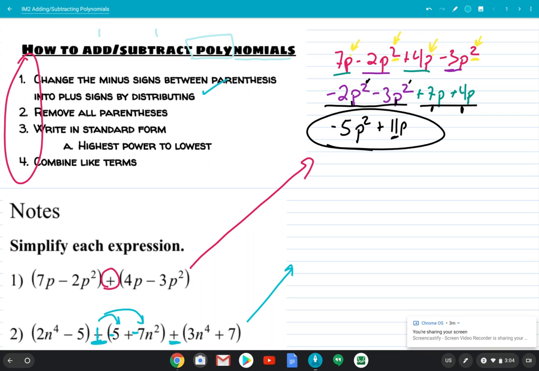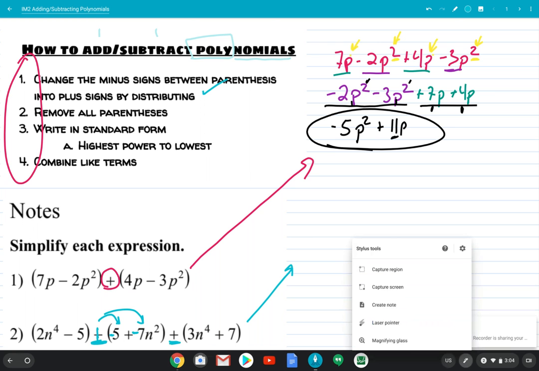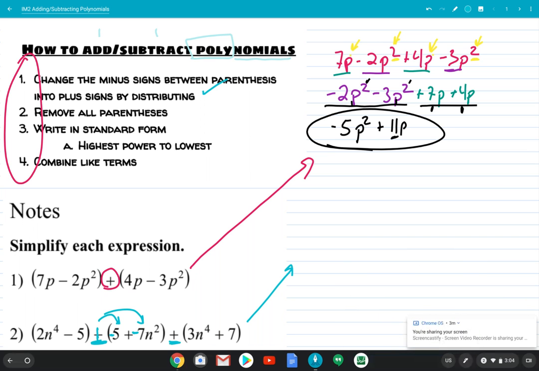Done. Remove the parentheses, so I'm going to rewrite it. 2n to the 4th minus 5. This down here is plus negative 5. I can write it as minus 5. Plus negative 7 is the same as negative 7n squared plus 3n to the 4th plus 7.